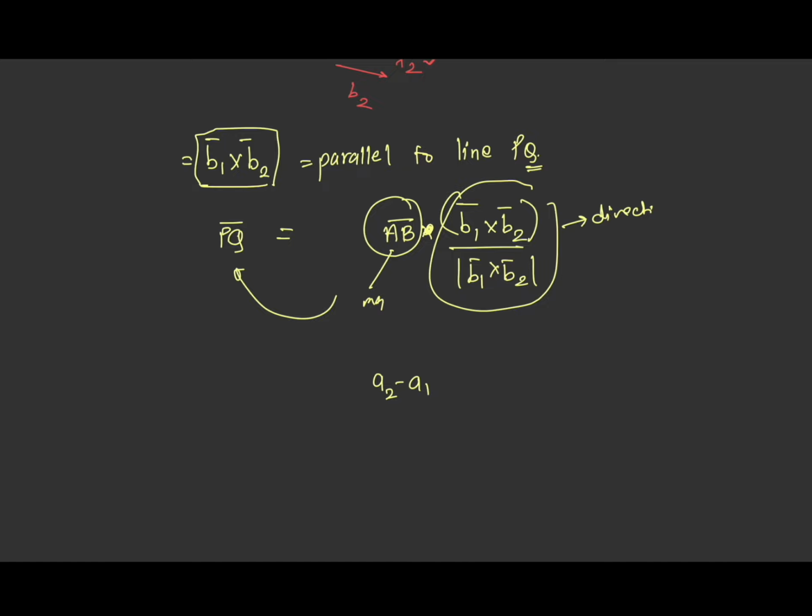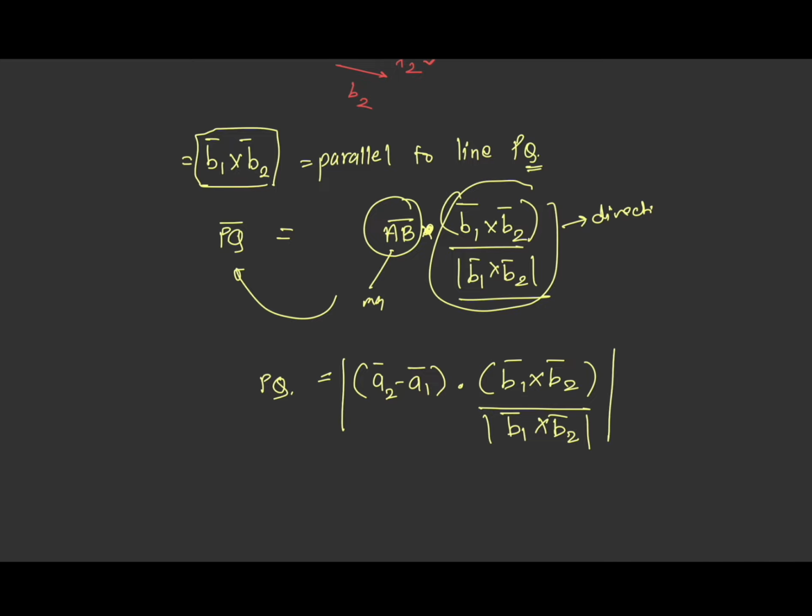So (A2 minus A1) dot (B1 cross B2) gives us the value, and since we need it in the direction, we divide by the magnitude of B1 cross B2, and that's our PQ. It's a simple formula to remember, and since we need magnitude, we just take the magnitude of this, and that's our formula to find the distance between skew lines.